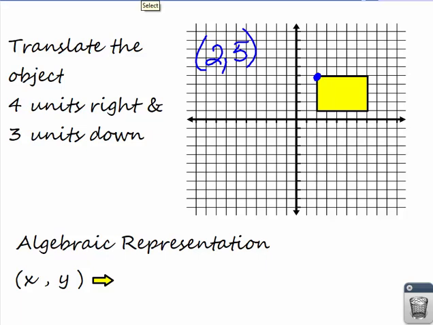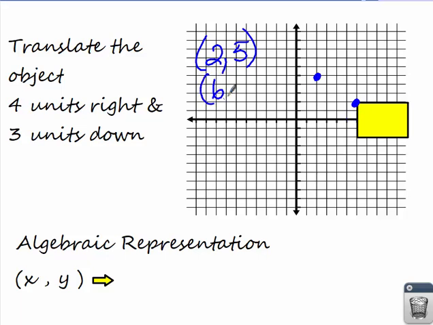Now I need to move this object 4 units to the right, 1, 2, 3, 4, and then 3 units down, 1, 2, 3. And I want to look at what happened to that point as we moved this object. Well, this point moved to 6, comma, 2.